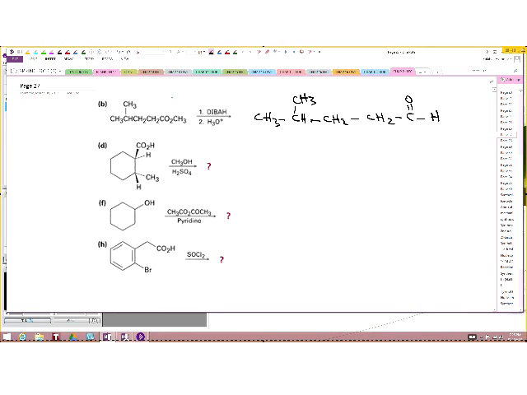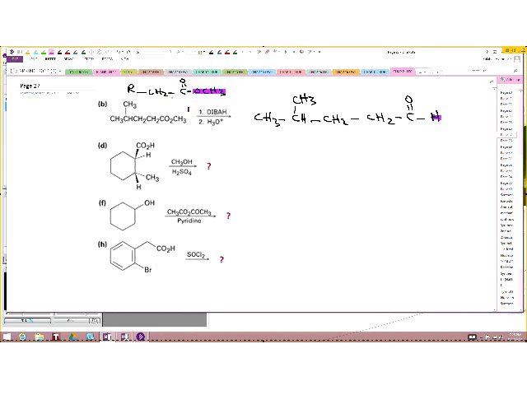And this is another example of nucleophilic acyl substitution, because all you've done is substitute the alkoxy part of the molecule with this here.